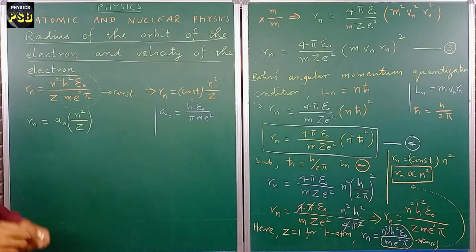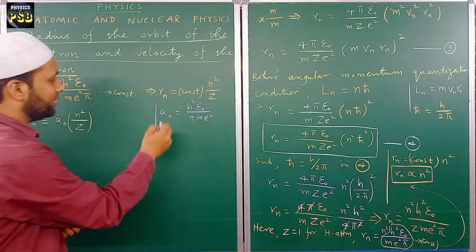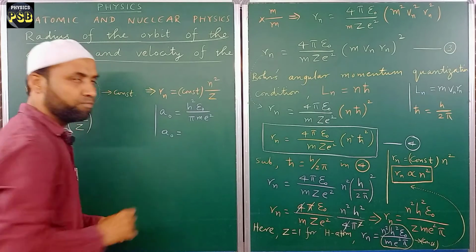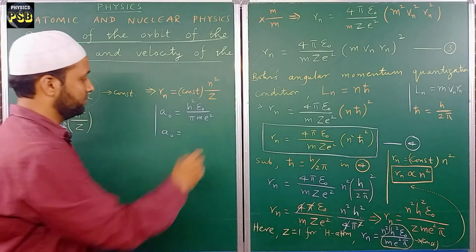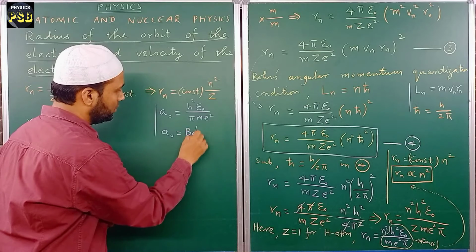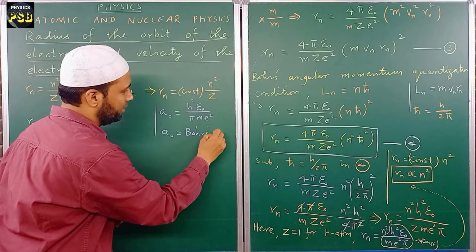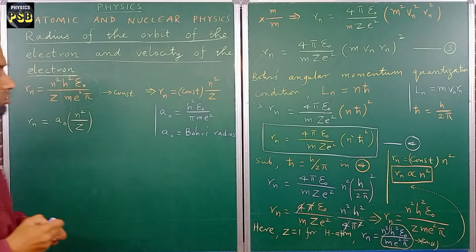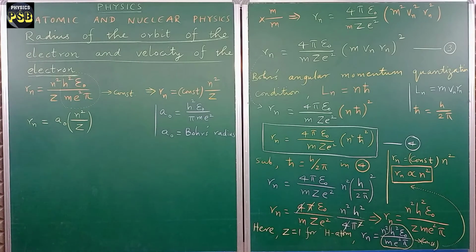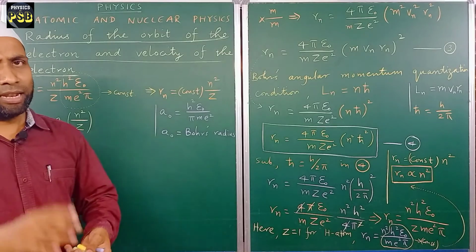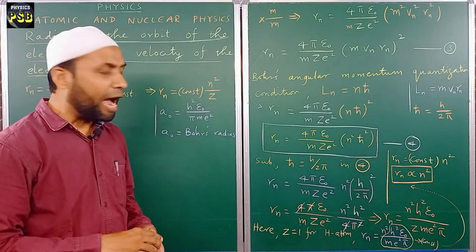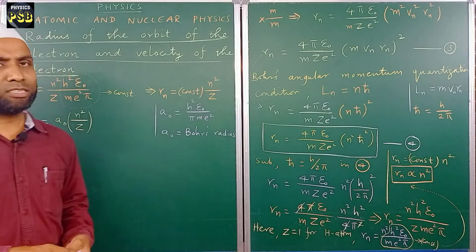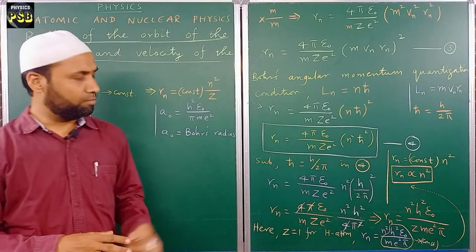This is the value of a naught. What is a naught here? Here a naught is nothing but Bohr's radius. The Bohr's radius is the smallest radius of the orbit in hydrogen atom.